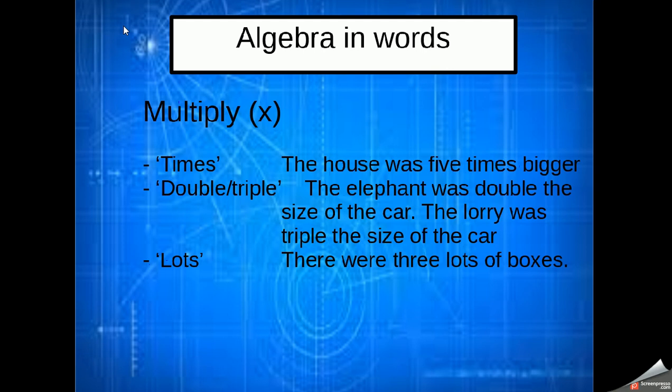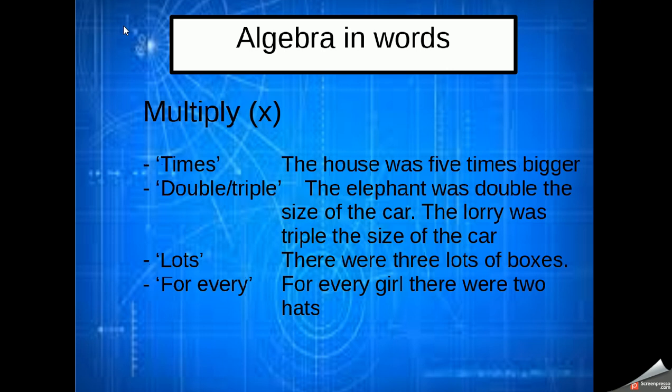Lots. Not that there were lots and lots of something, but there were 3 lots of boxes, means multiply the number of boxes by 3. So if I had a box of 2 oranges and there were 3 lots of those boxes, the answer is 3 times 2.